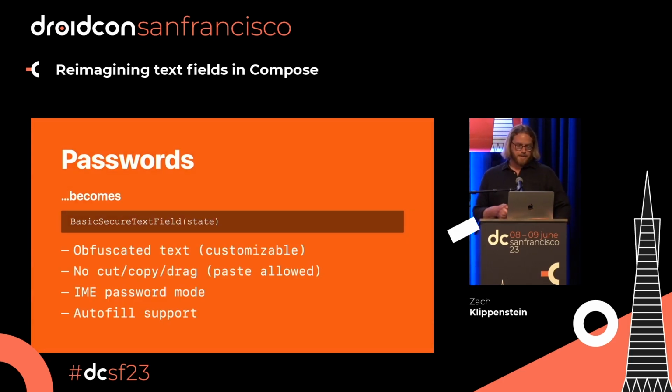So instead, we want to introduce a new field, a basic secure text field, which has the same general API shape as basic text field, but it does all this stuff for you. It doesn't let you pass in a visual transformation, but it does let you configure the actual obfuscation character. And it does all the other stuff here. It supports autofill correctly, and it automatically configures the IME and semantics and all that stuff.